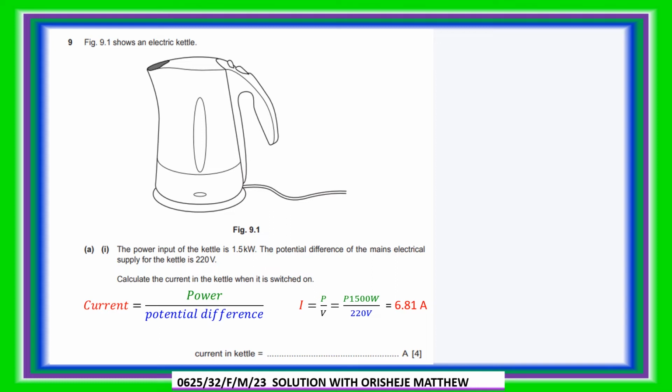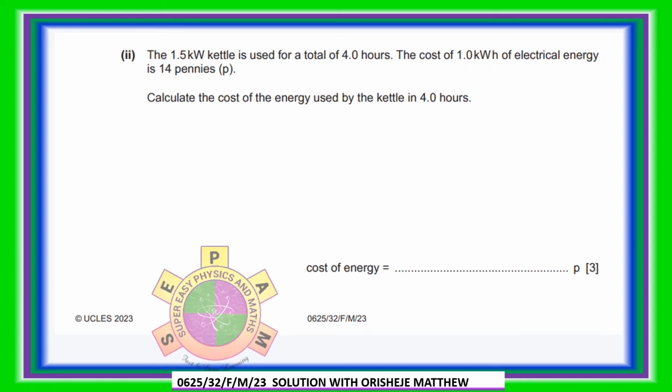Now the 1.5 kilowatt kettle is used for a total of 40 hours. The cost of 1 kilowatt hour of electric energy is 14 pennies. Calculate the cost of the energy used by the kettle in 4 hours. So what we need to do is calculate how many kilowatt hours are there.